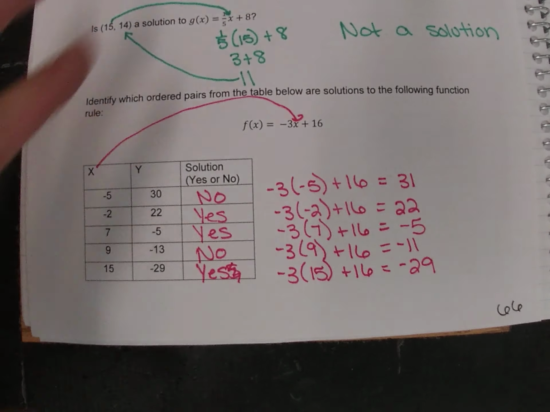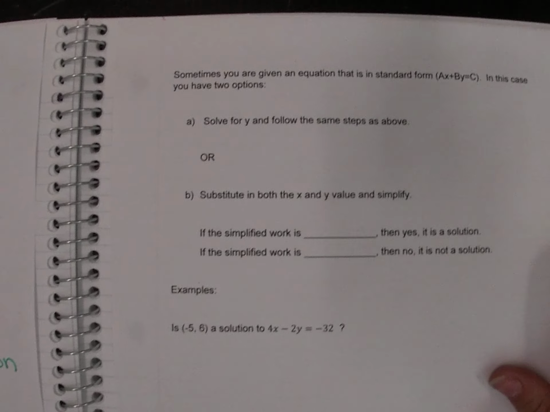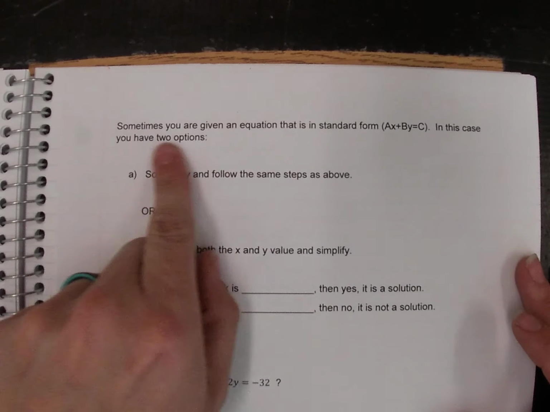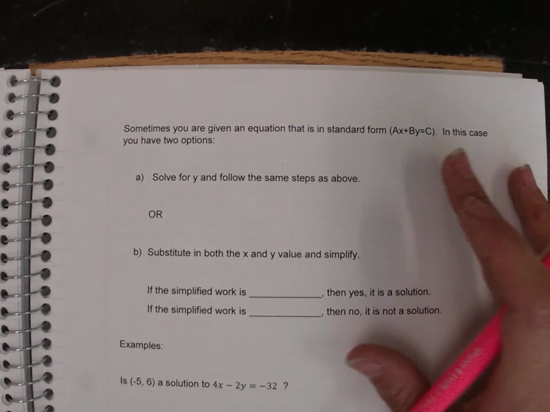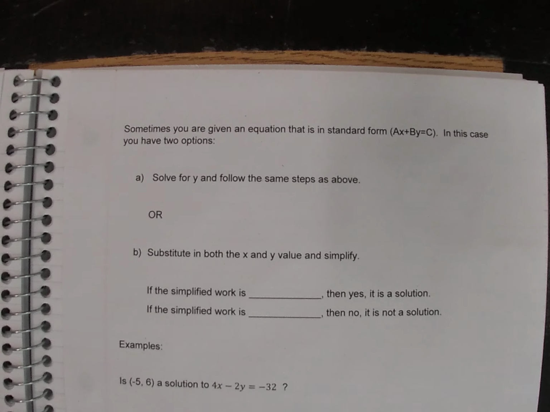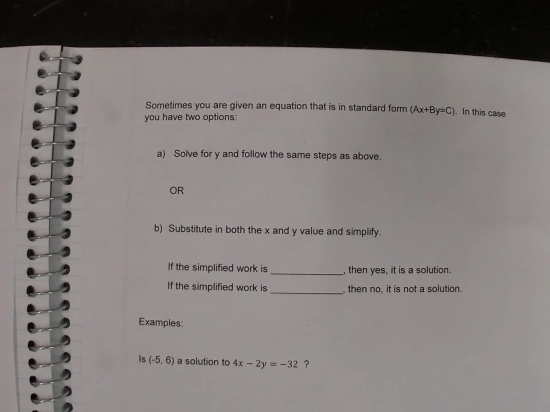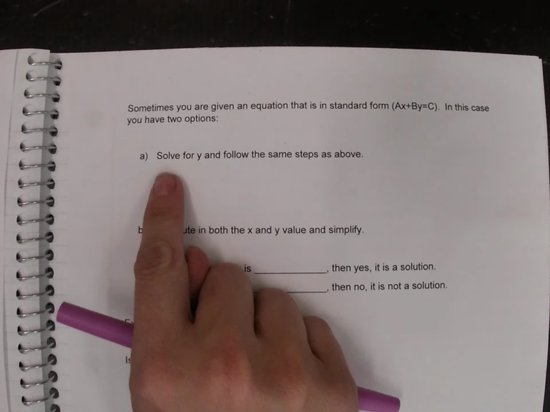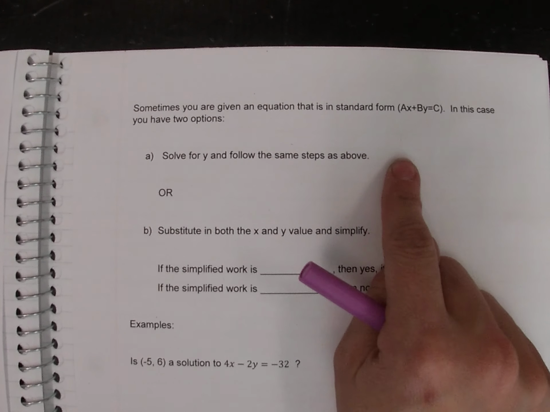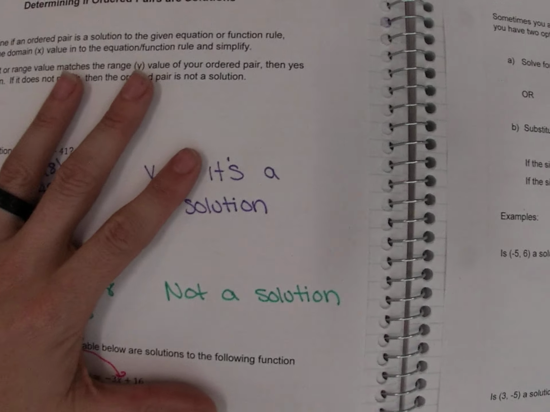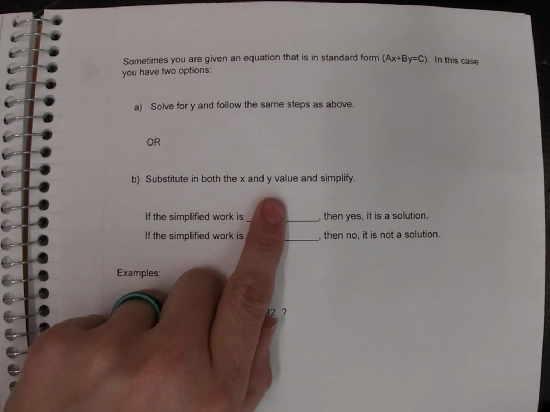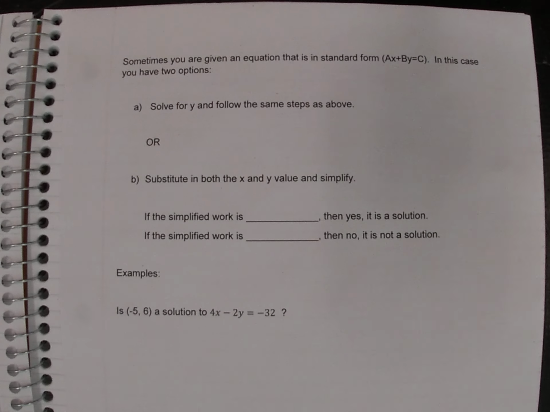Now, it's nice and simple when it's already solved for y for us. The catch is that if it's not solved for y, if it's given in a different form, maybe in the form ax plus by equals c, we'll just have to either A, solve it for y and do exactly what we were doing, or B, substitute in both the x and y value at the same time and simplify it down.